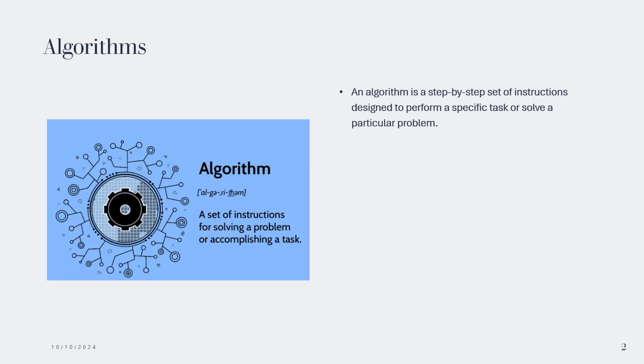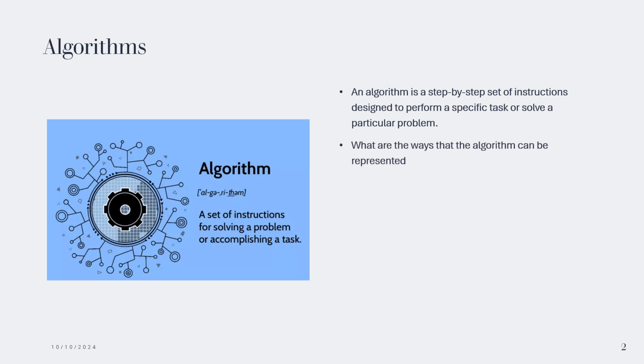So algorithms are like that. When it comes to computer language, if you are going to solve a problem or perform a specific task, there is a set of step by step instructions designed to perform that specific task or particular problem. Those are the things we call algorithms.